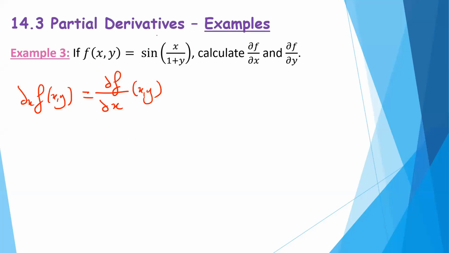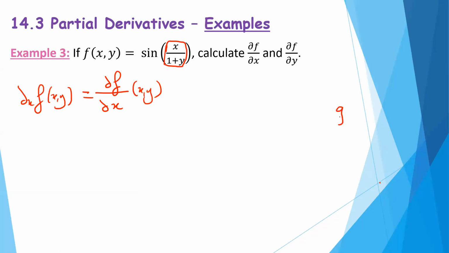So what is the derivative of this function? So I recall the chain rule for a function of one variable. Here y is fixed, so we deal with a function of one variable, which is x.